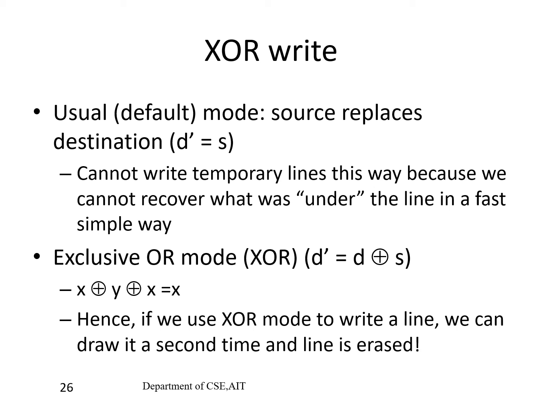If S and D are the corresponding bits in the pixel of the source and the destination, we can denote the new destination bit as D' which will be equal to D XOR S, where the symbol here, the plus with a circle, denotes the XOR operation.